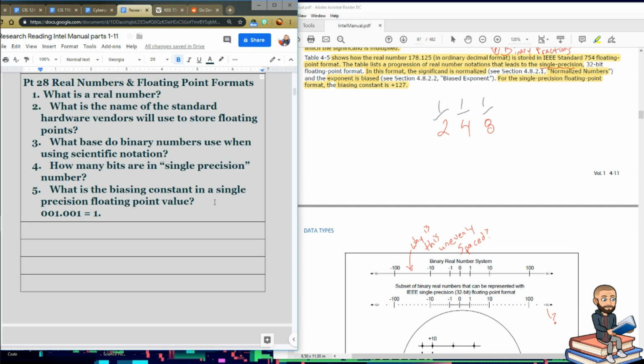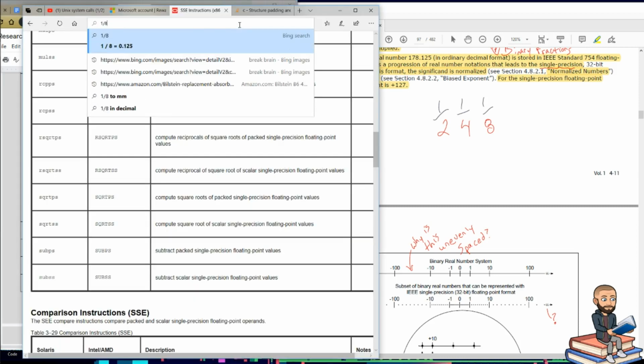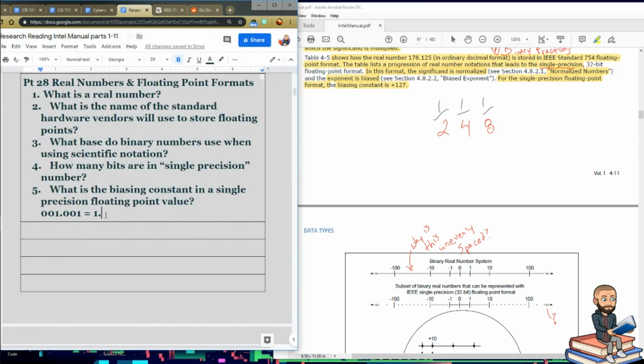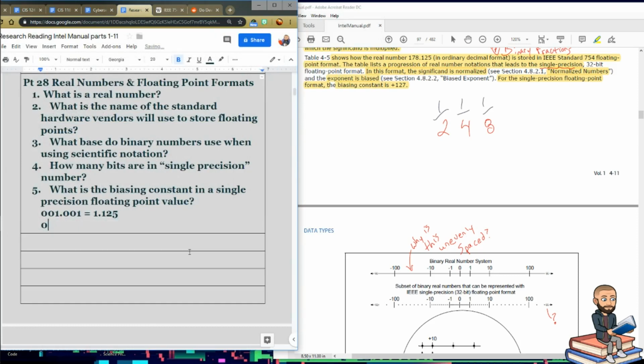So what is 1/8? 1 divided by 8, that's the decimal value of 0.125. So therefore that number is 1.125. And along similar lines, if I had, let's say this, we know this is a 2, so the number is 2.5, because 1/2 is 0.5.